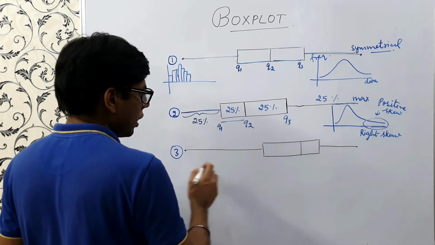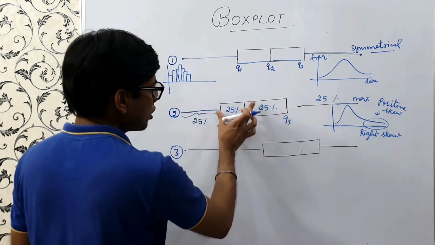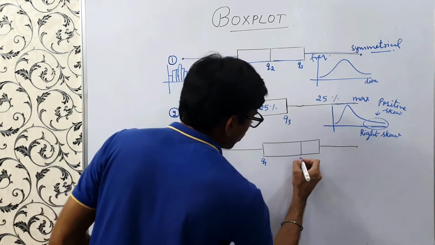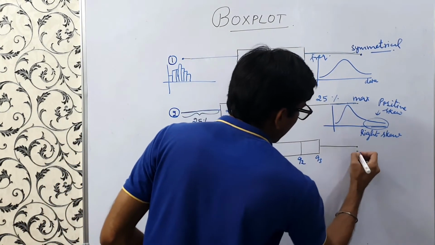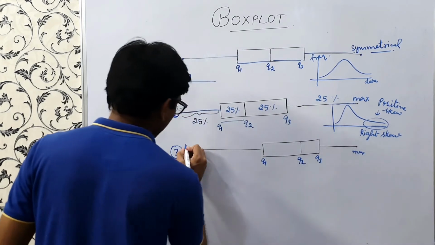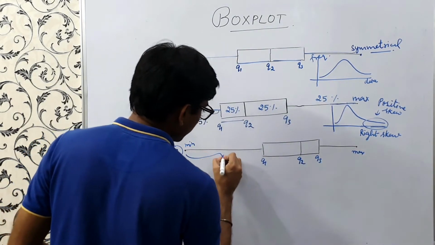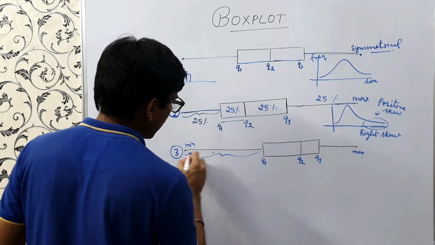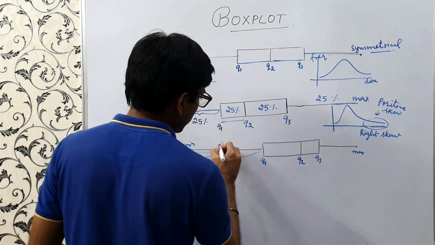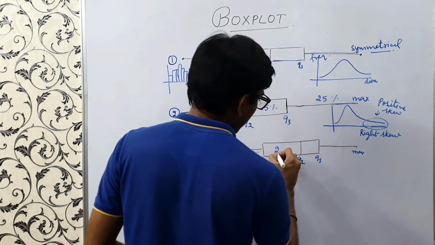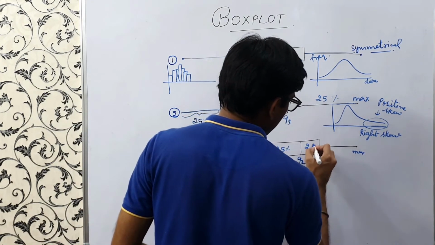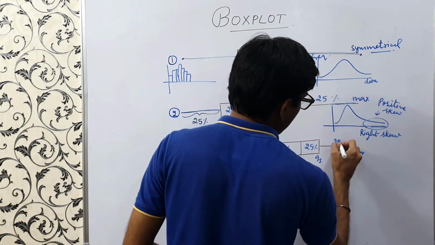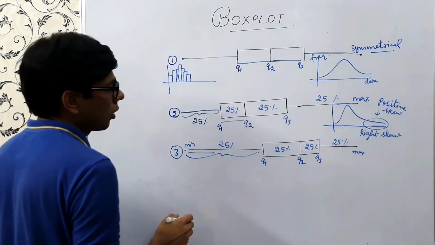And in a similar way, if we see this, this is just the opposite case. This is Q1, Q2, Q3, this is max and this is min. So there are some outliers here in this region, more at this part. So here also it's 25% data, 25%. So the number of observations in each region remains the same, right?